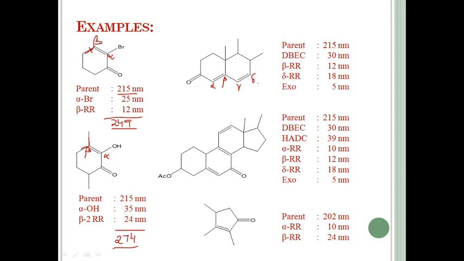So all the positions are available for this system and you are having extension of conjugation. So this is the parent one, cyclic 6-membered enone system. Here we have extension of conjugation, double bond extending conjugation. For double bond extending conjugation you have to give 30 nanometer increment.